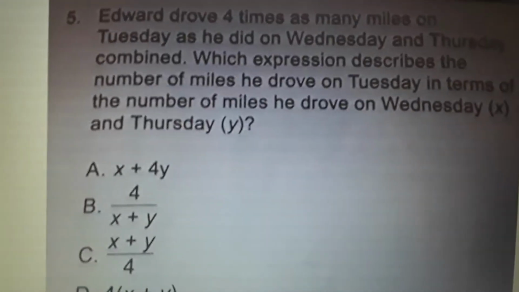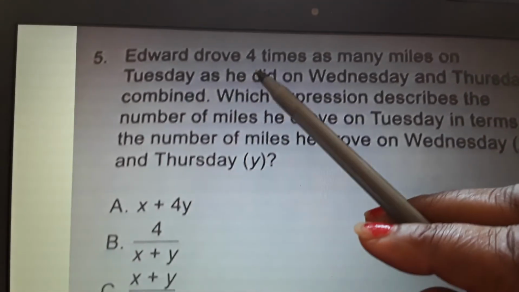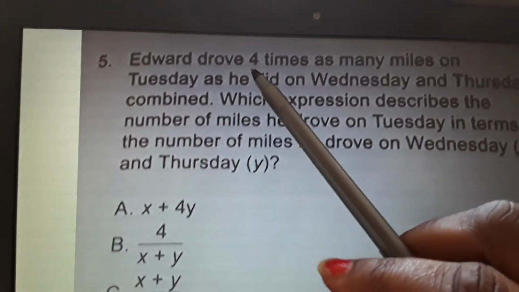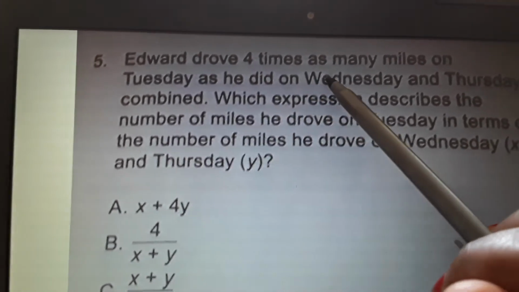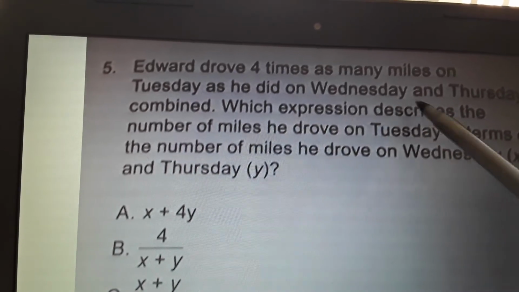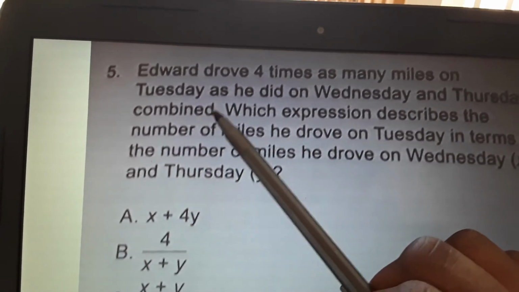Now, a couple of things you have to know. First, you have to be able to break down this problem and pick out the important pieces. He drove 4 times as many miles on Tuesday as he did on Wednesday and Thursday combined. That's important.